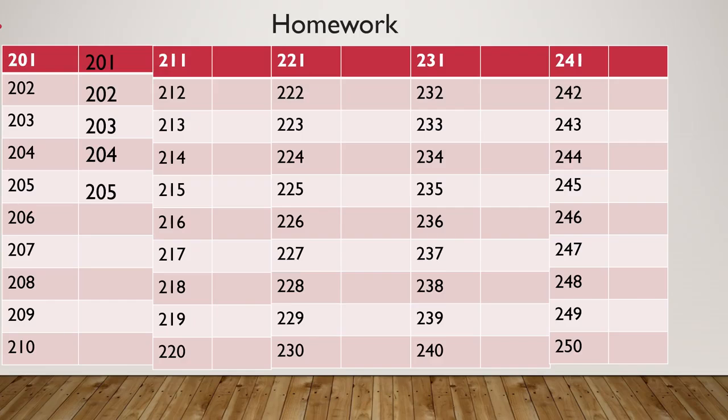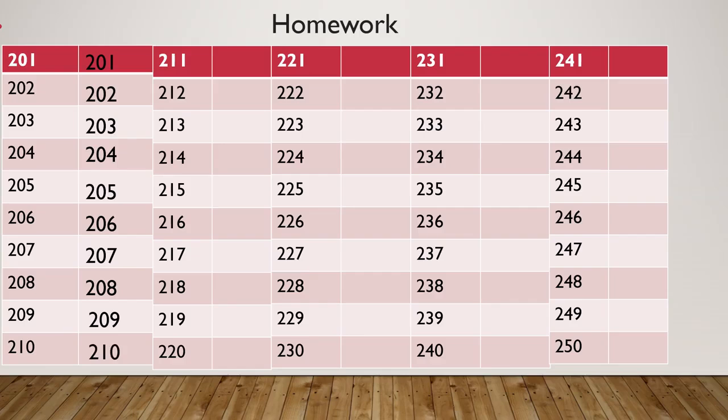Next is 206, 206. Then I will write here 206, 206. Next is 207, 207. Then I will write here 207. Next is 208, 208. Then I will write here 208, 208. Next is 209, 209. Then I will write here 209, 209. Next is 210, 210.